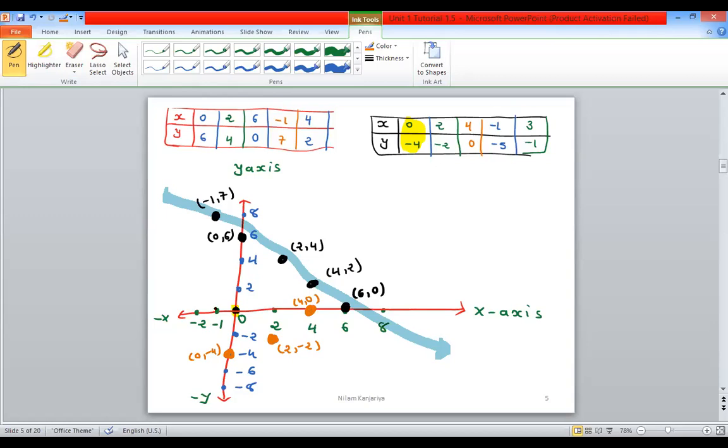X is minus 1, y is minus 5. So here it may be. And the last point, x is 3 and y is minus 1. It's here.